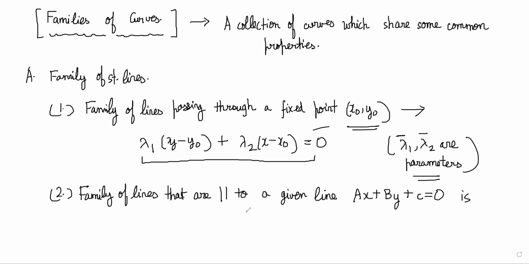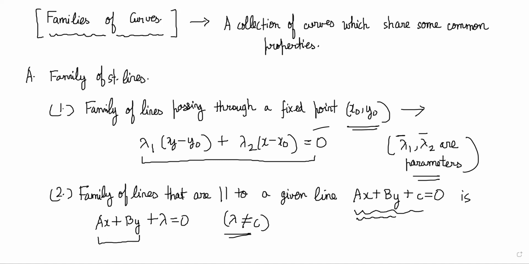The equation of the family of straight lines parallel to this given line would be ax plus by plus lambda is equal to 0. Here lambda is not equal to c and lambda is the parameter. So basically we are preserving the slope. Slope here is minus a by b, just like it was minus a by b here, right?